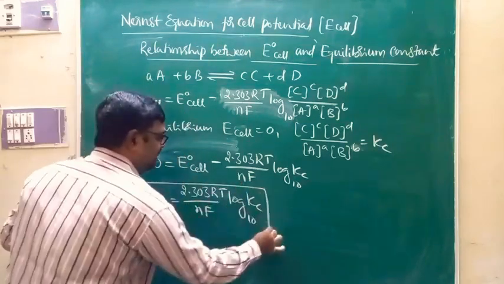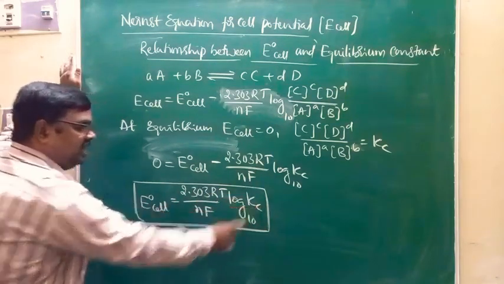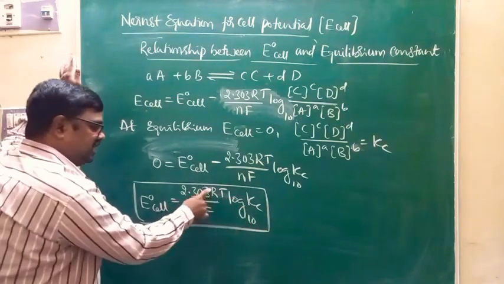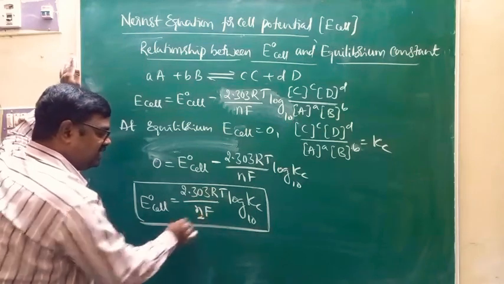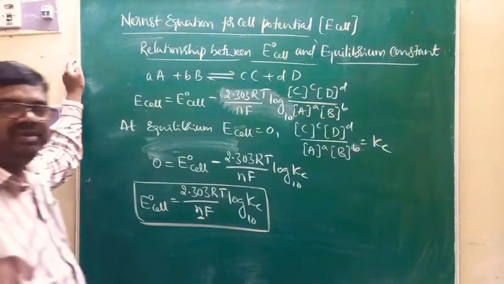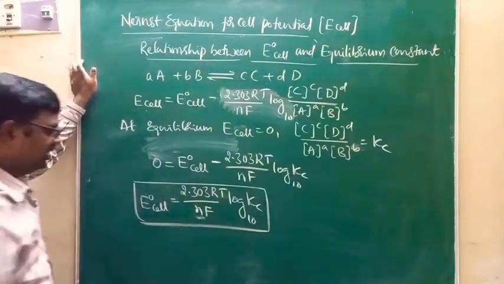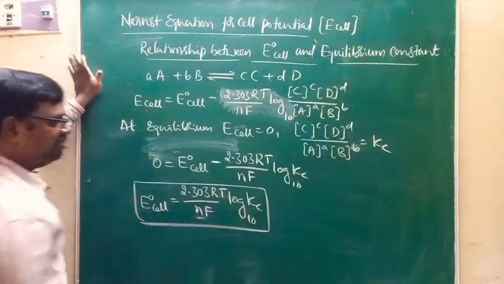This is what we call the relationship between standard cell potential and equilibrium constant. Here T is temperature, R is the gas constant, F is Faraday's constant, and n is the number of electrons lost or gained. The total number of electrons lost will be equal to the total number of electrons gained. So this is the relationship between E naught of cell and equilibrium constant Kc.